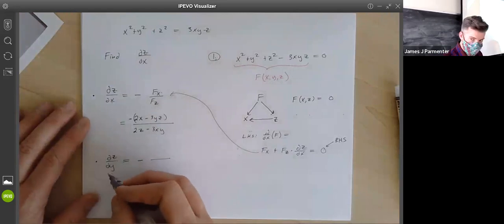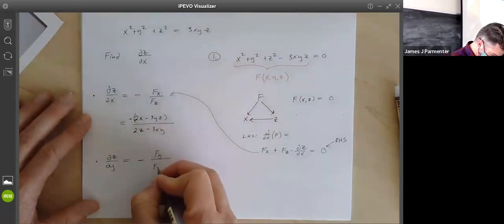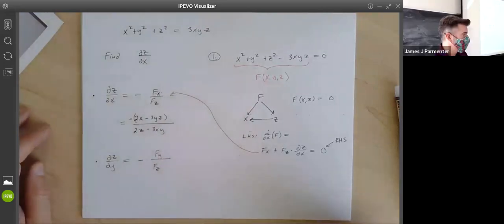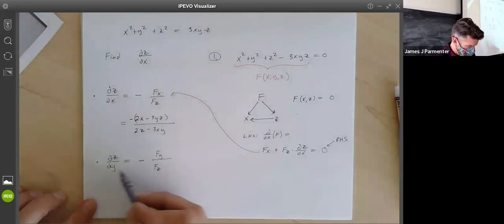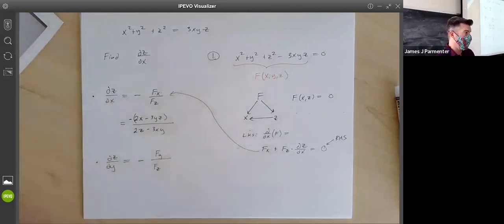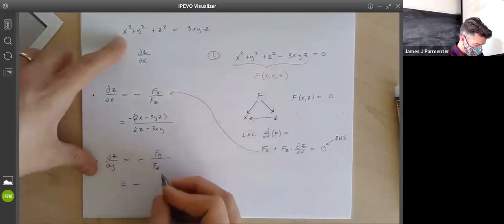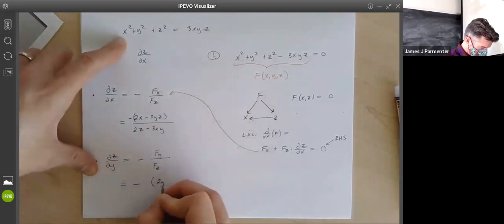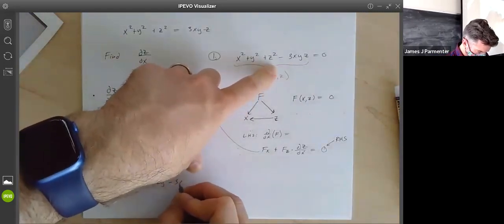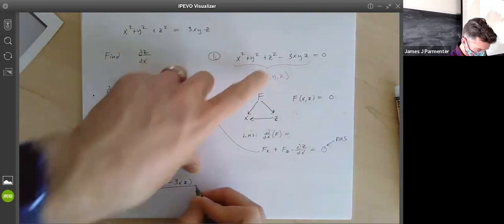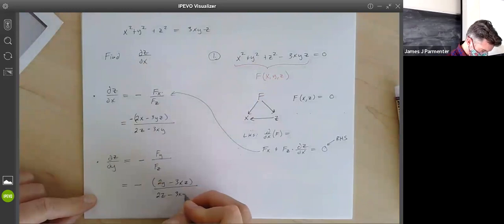So del z del y should be negative fy over fz. I'm really just taking the variable on top and putting it on the bottom, and the variable on the bottom and putting it on the top. That's the shortcut way I always know what to do. And then fy is going to be 2y minus 3xz. Fz is the same as it was before. It's going to be 2z minus 3xy.